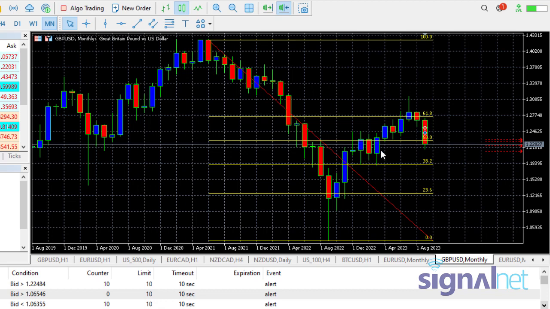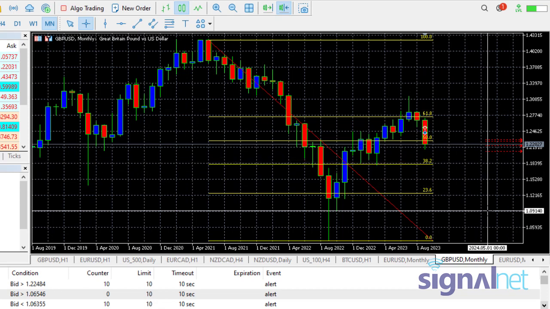This middle area looks like a support zone also, but technically the next target is the 38.2 level, which is about 1.18400. So just around that zone there.